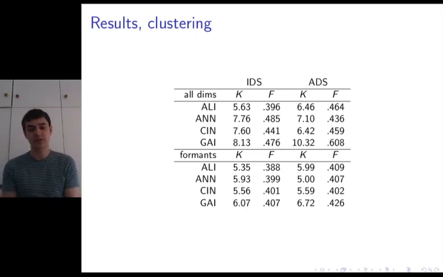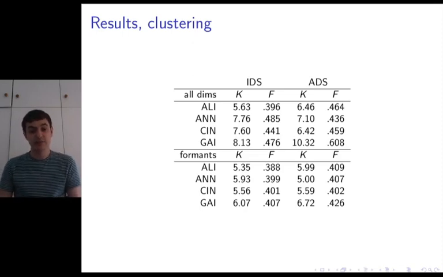Across registers, we see a mix of results. For the most part, we see improved performance in adult-directed speech compared to infant-directed speech. There are further results that I'm very happy to discuss with you about the status of hyperarticulation and why there appears to be hypoarticulation, a deterioration of contrasts in infant-directed speech.